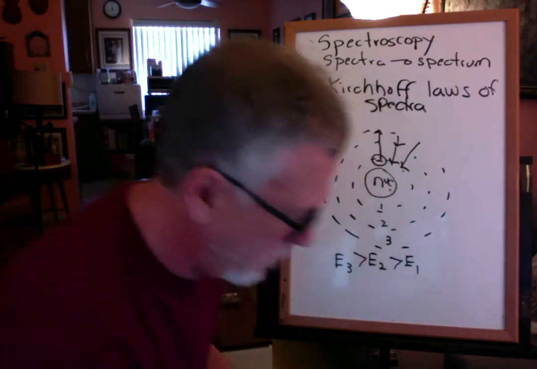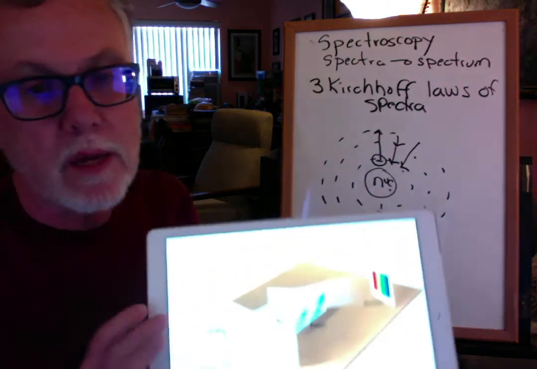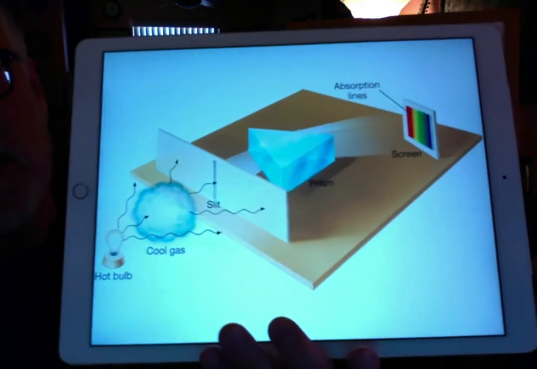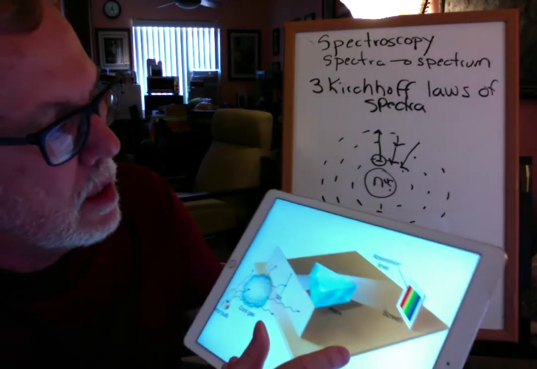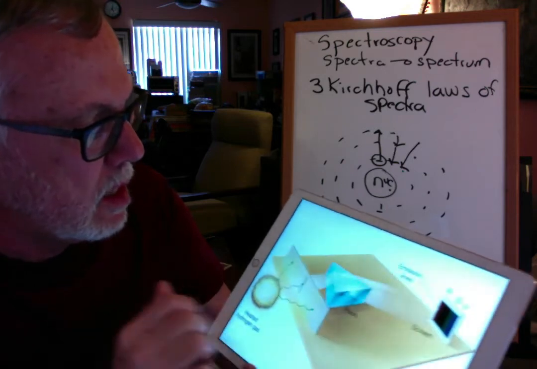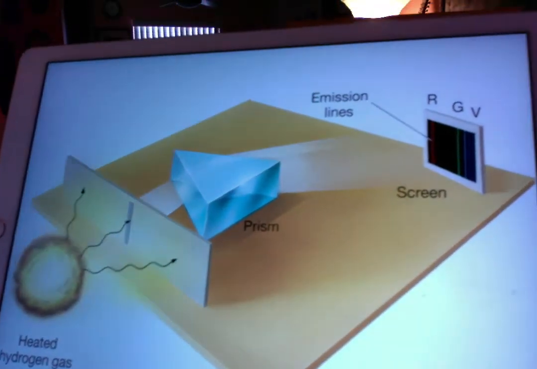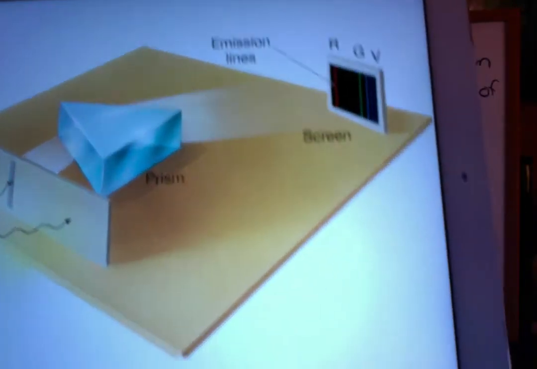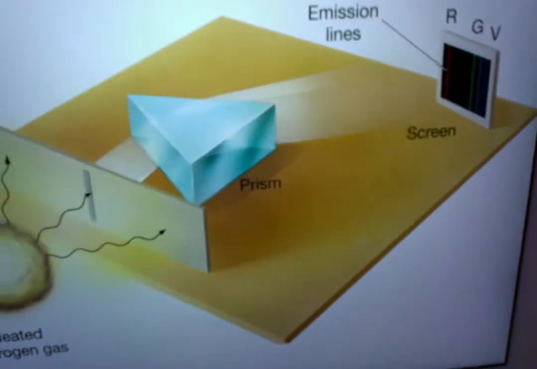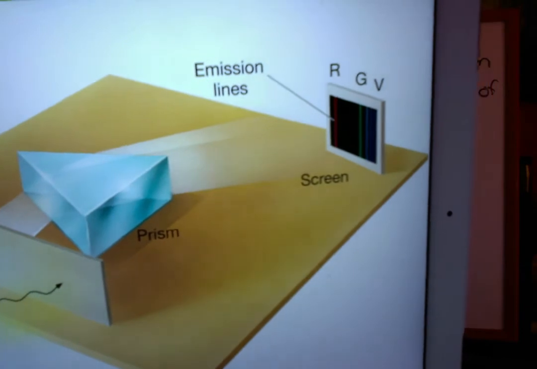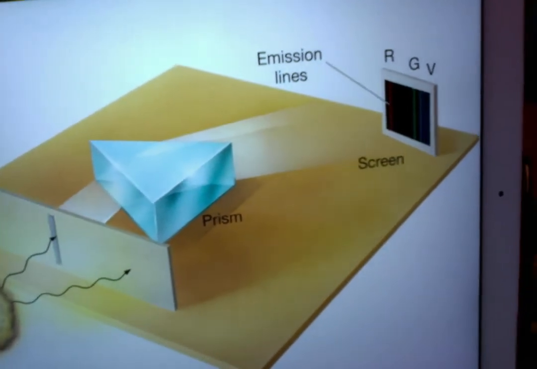As an example, and I'll talk about this a little bit more, what we see here is where light's been produced, but you only will see individual colors on this slide.